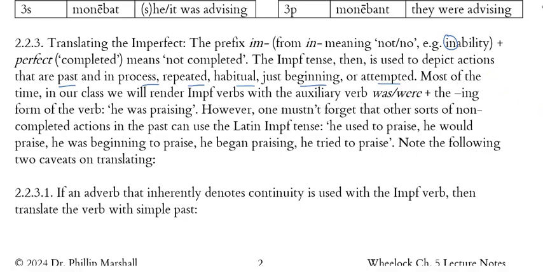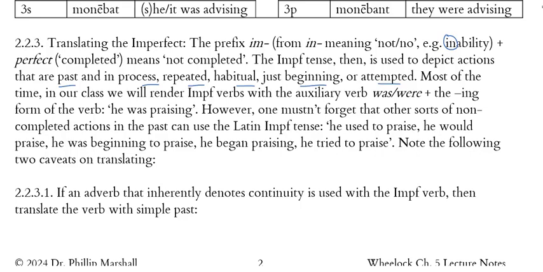Now, most of the time in our class, we're going to render imperfect verbs with the auxiliary verb was or were plus the ing form of the verb, what's often called the present participle. So he is my subject, and then the auxiliary was, and then the ing form, praising. He was praising. We were eating, and so forth.